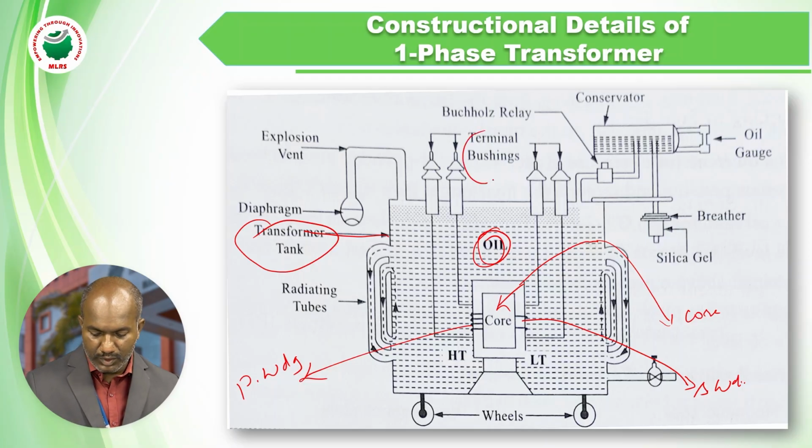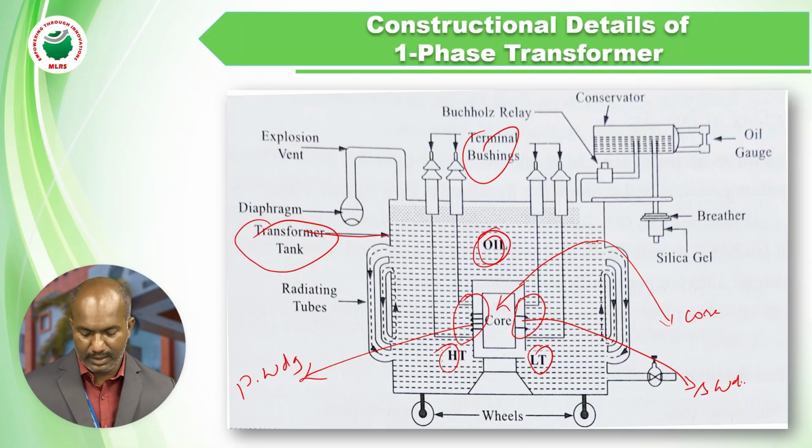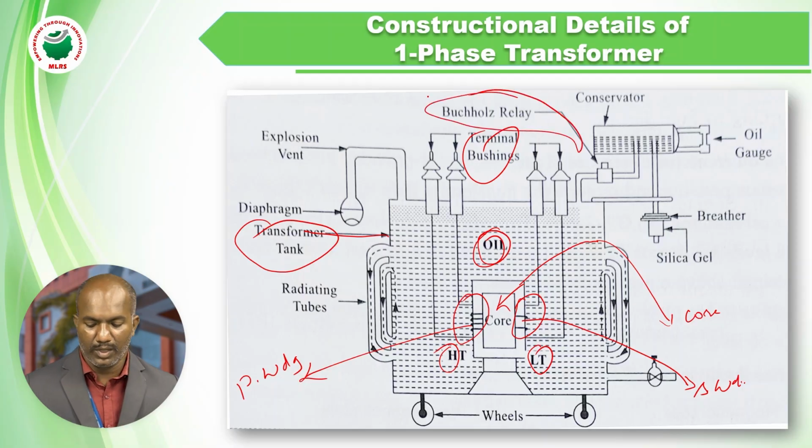Here terminal bushings are there. HT means high tension, LT means low tension. High tension means it has more number of turns compared to this winding, that is the LT side. So the HT side has more turns, the LT side has fewer turns. For transformer protection, generally we use the Buchholz relay, and there is the conservator tank.